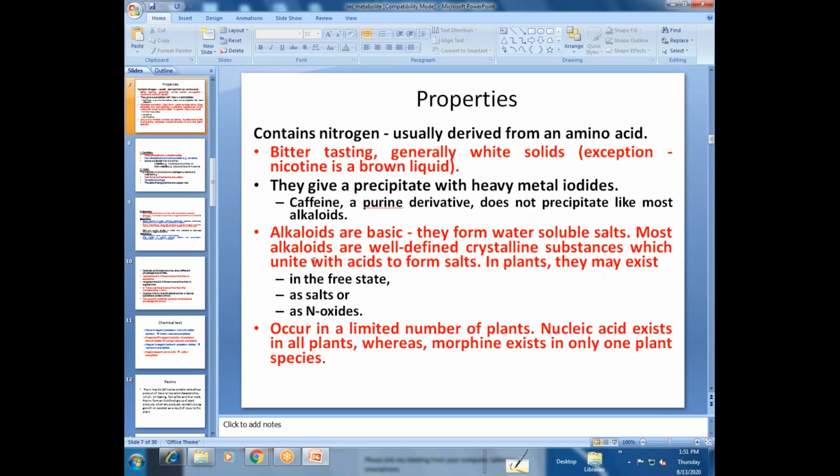Coming to the properties of alkaloids, as we have seen the classification and the definition of alkaloids. This contains a nitrogen, usually derived from amino acids.